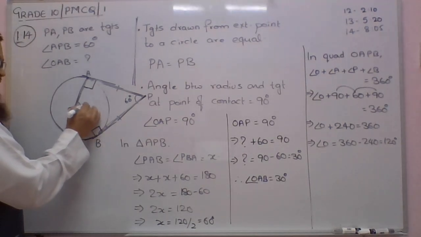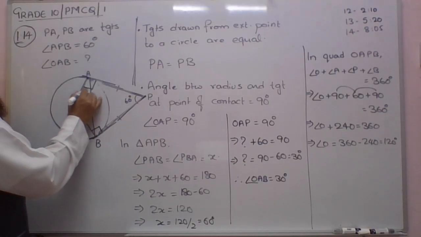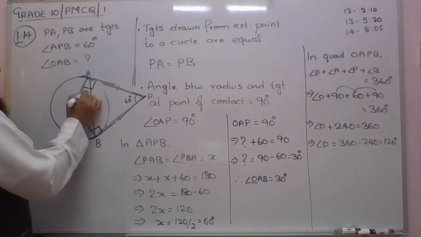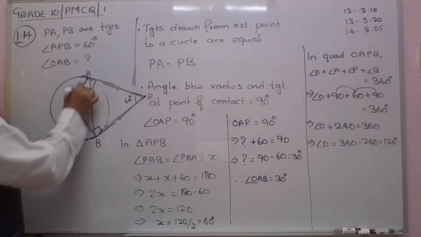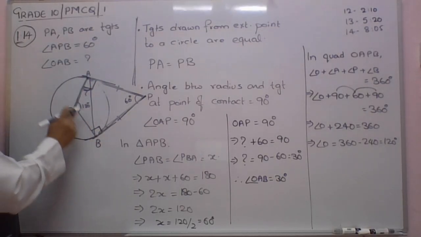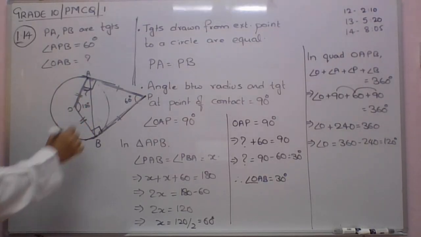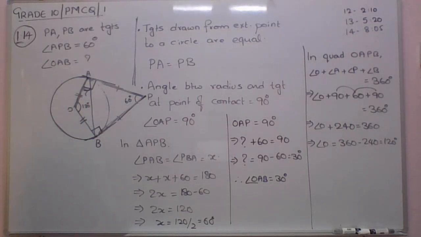This is 120 degrees, right? Now let me draw this line. You have to find only this angle, okay? And in triangle OAB, is OA equal to OB? Is OA equal to OB? Why?